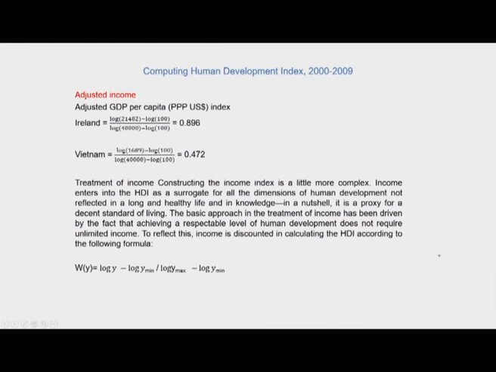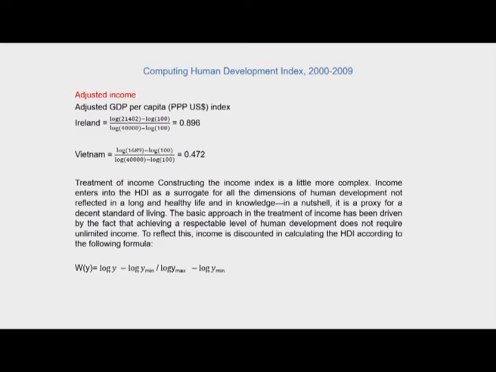Similarly, the adjusted income index is calculated by the same formula. Between 2000 and 2009, there was again a logarithmic transformation of income, going by the idea that increasing income levels give rise to a diminishing marginal utility in terms of being able to provide basic standards of living or basic levels of human development.